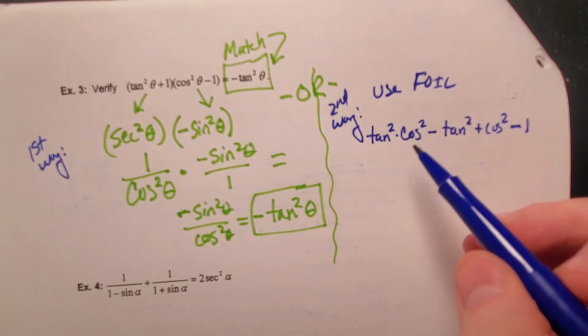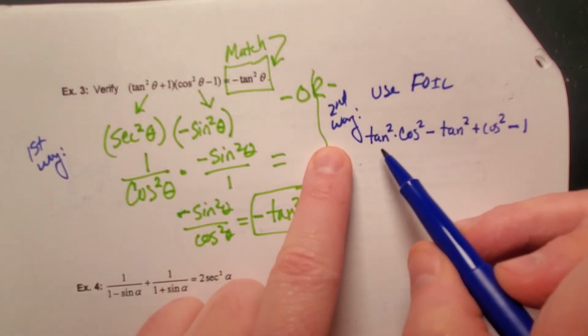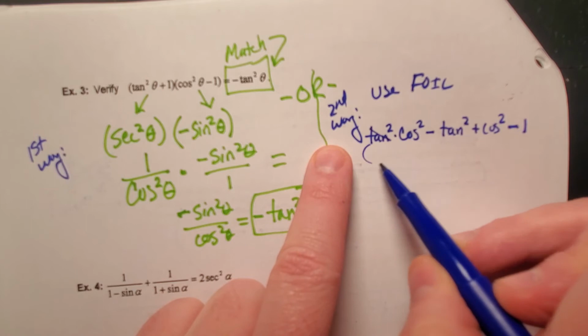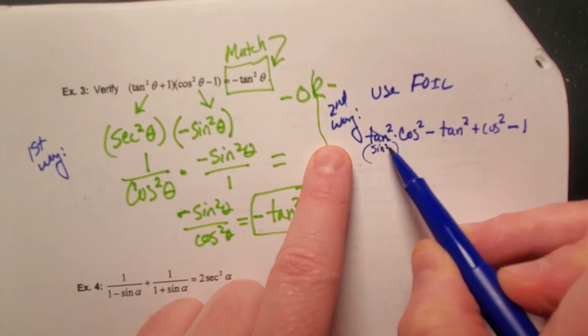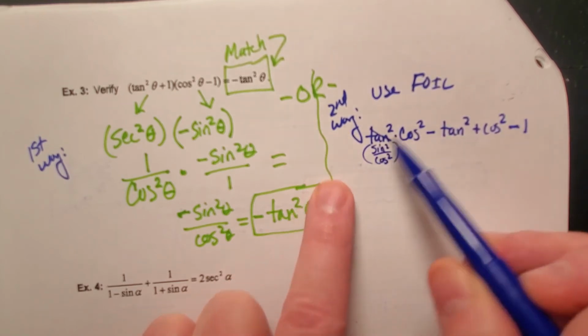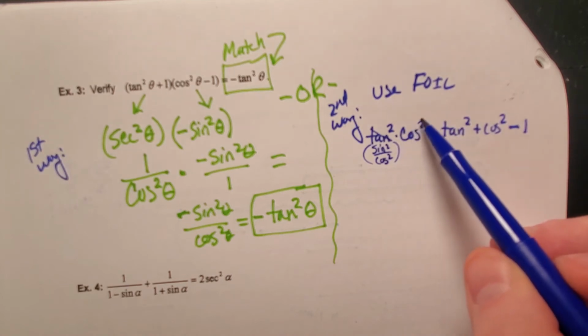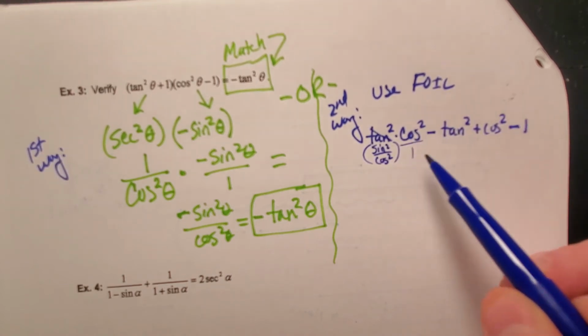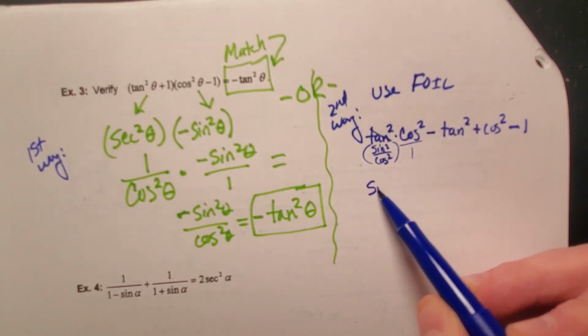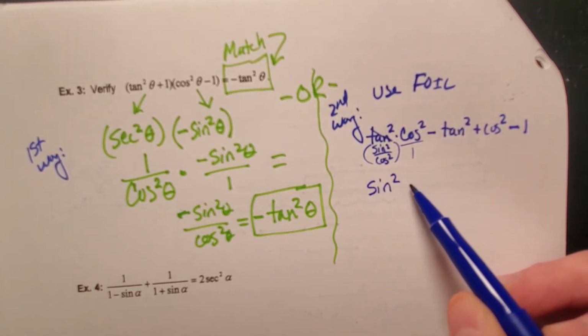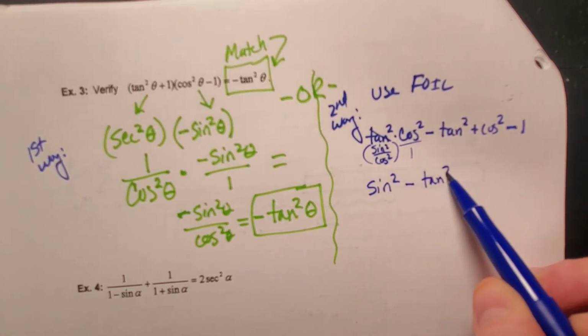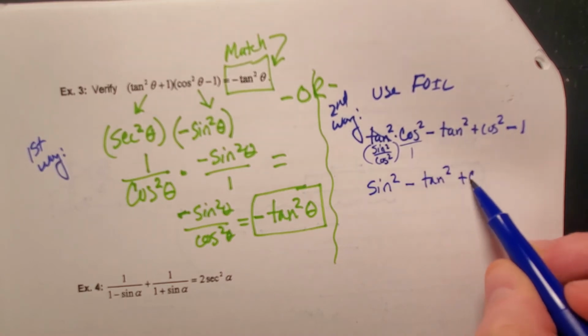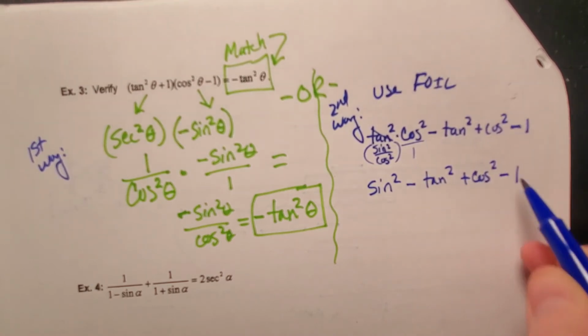And for a moment, man, that does look like chaos. But tangent is the same thing as sine squared over cosine squared. And when you multiply these two things together, the cosines would cancel out because it would be over 1. And you would get sine squared minus tan squared plus cosine squared minus 1.